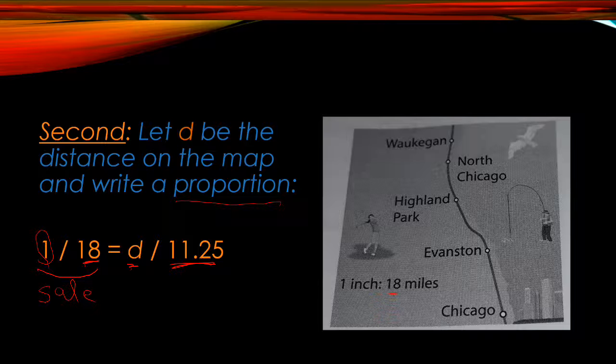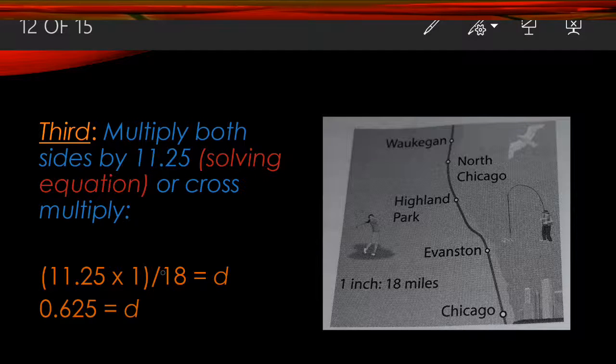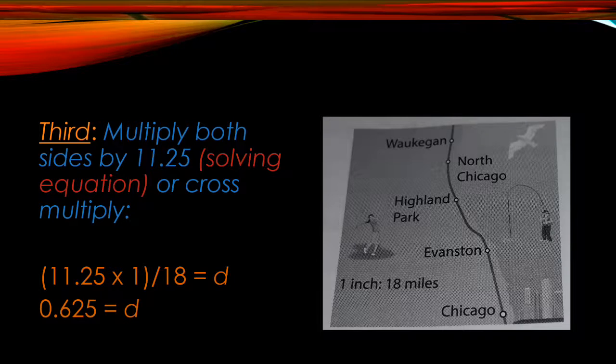Now we want to solve this equation for d. Remember solving equations from the second video. Multiply both sides by 11.25, or cross multiply. So 11.25 times 1 over 18 equals d, which means d equals 0.625.